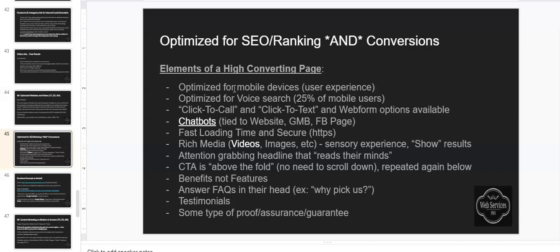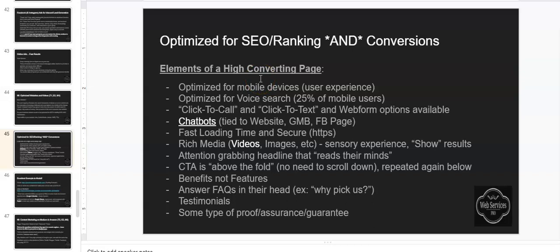So make sure your website is optimized for mobile. If it's not, Google will penalize you by pushing your rankings lower and lower, because it has directly to do with the ranking factor of user experience, which we spoke about before.